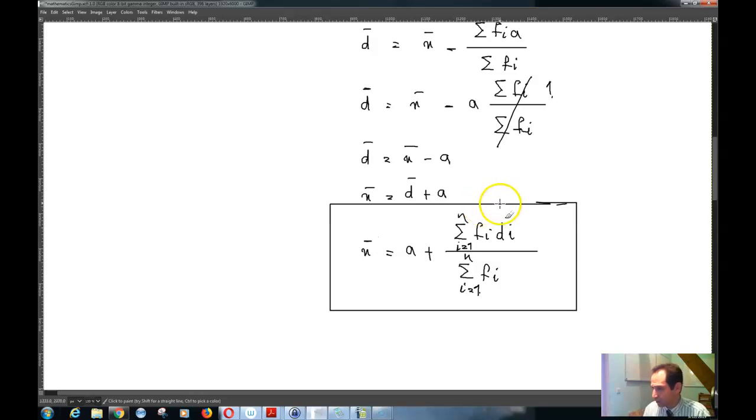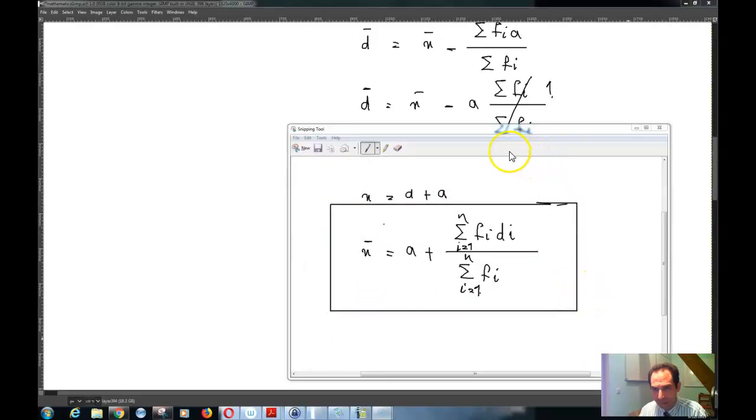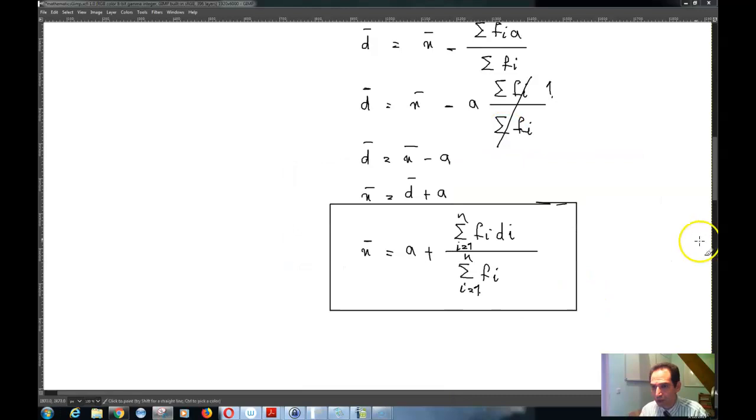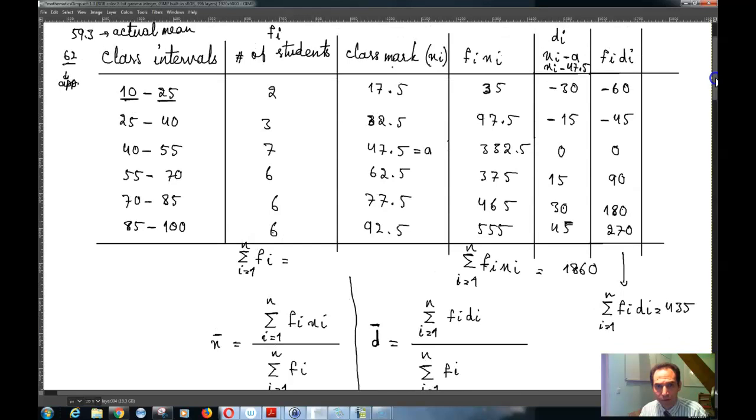In the case of the data that we had, let's come back to the table that we had.